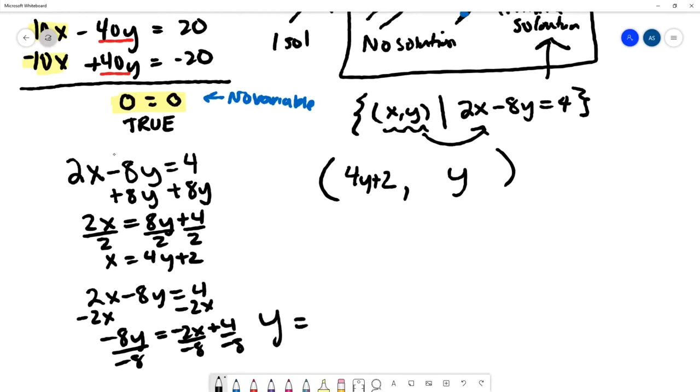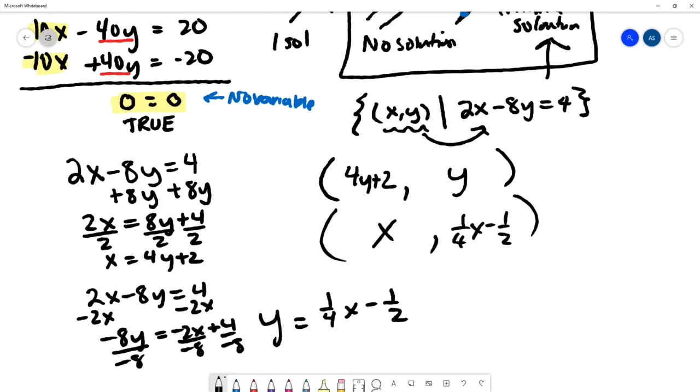And we get y equals 1/4 x minus 1/2. And so you would write x and 1/4 x minus 1/2. So in both these ways, both these ordered pairs, you're saying all ordered pairs that fit this format.